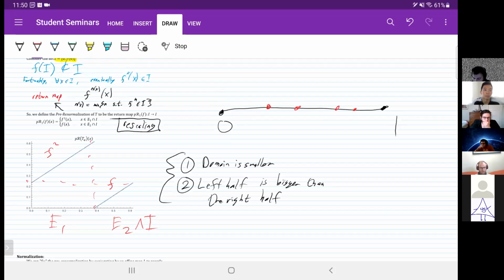So what renormalization is really doing is I'm looking at the last, so here's T(0), here's T squared of 0, here's T cubed of 0, here's T fourth of 0. In this case we don't have this many iterates, but this is the last time before T^n(0) crosses 1.